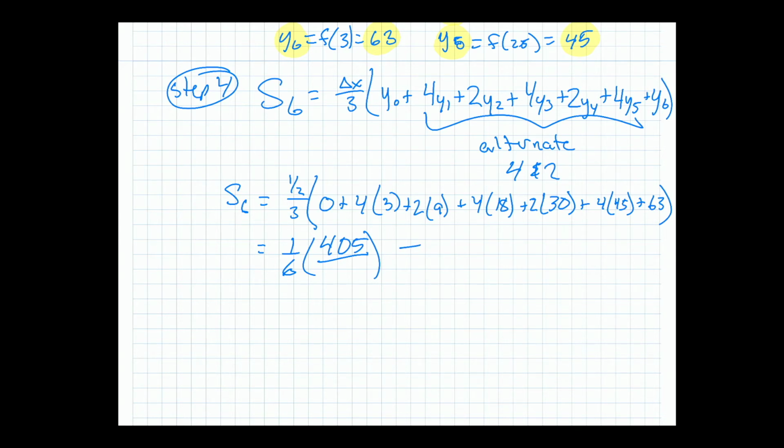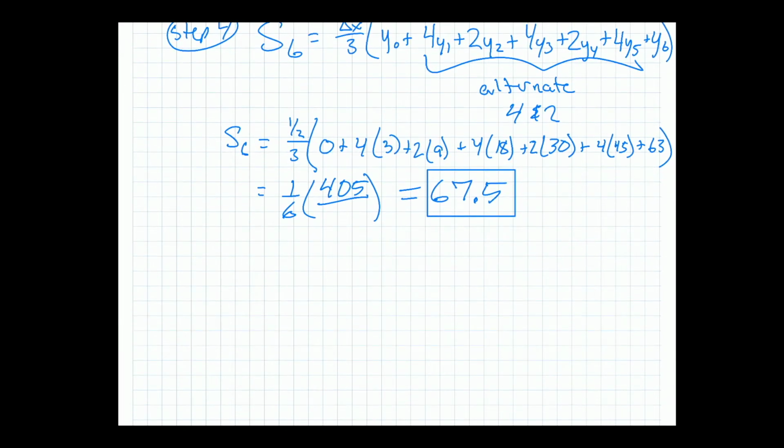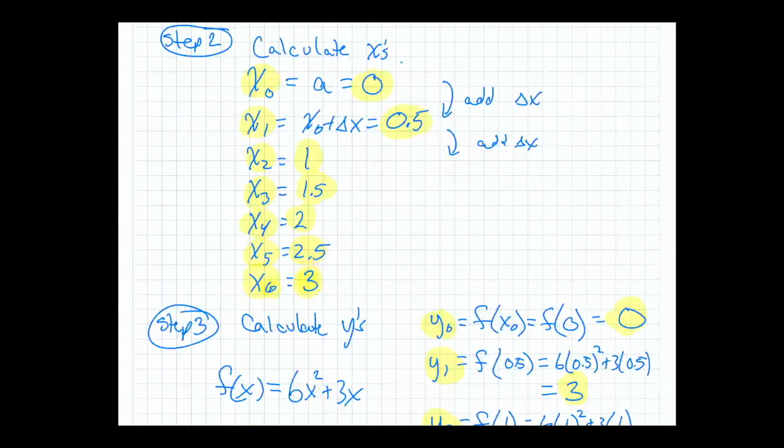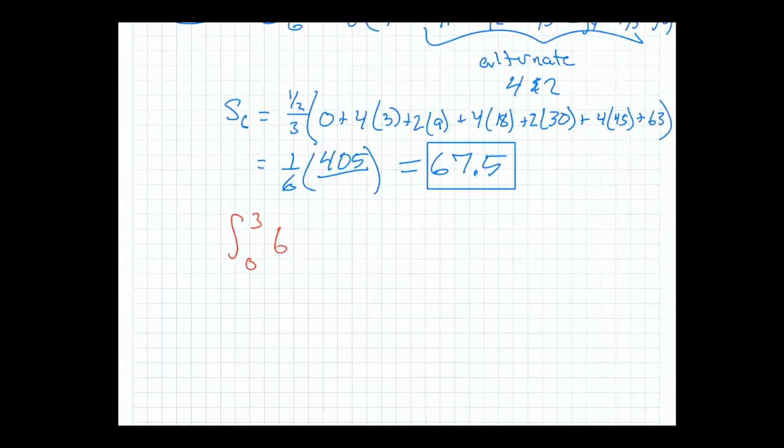I get 67.5. And that's my answer. So make sure you understand what this means. This means the integral from 0 to 3 of 6x squared plus 3x dx is approximately 67.5.